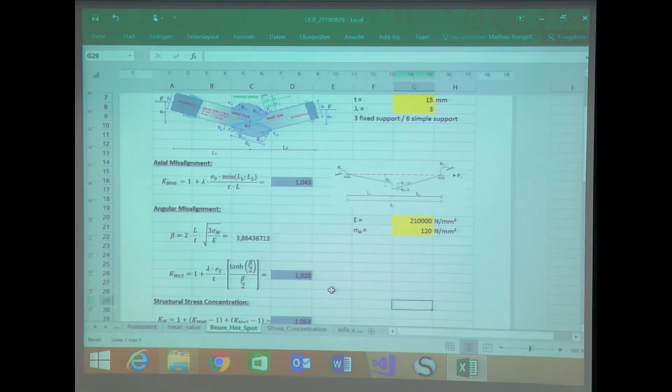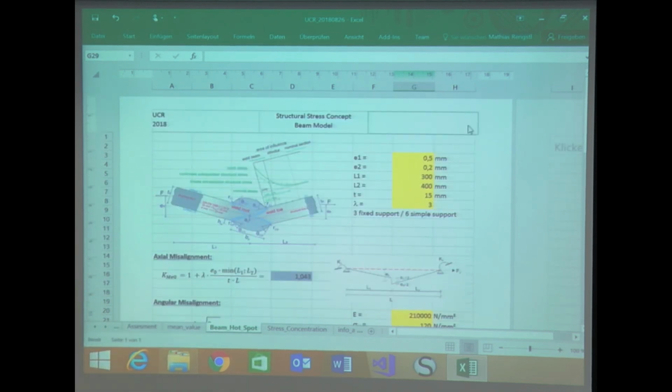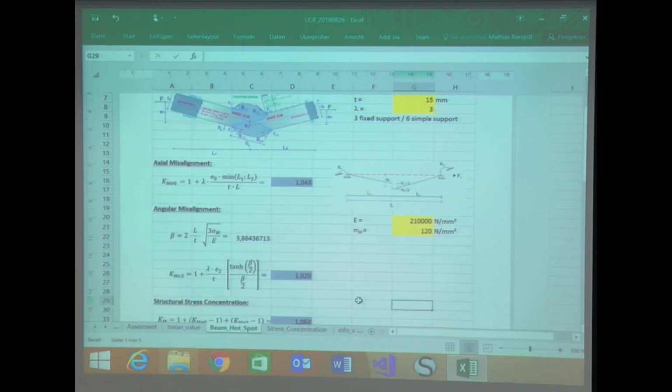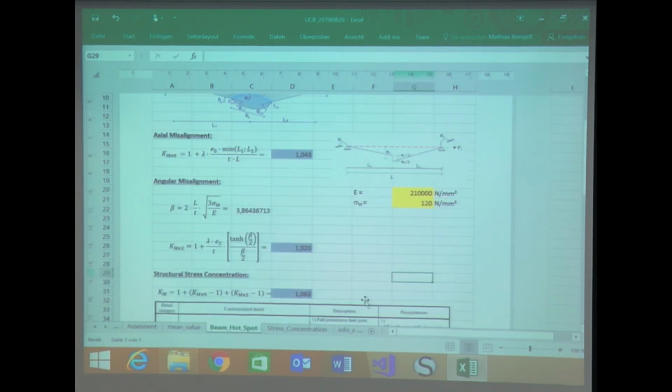So this effect mainly acts for small specimens, for small distances in the structure itself. Here for the E2 of 1.2, we have an increase of 1.02. So these are due to the two different effects, the structural stress concentration factors, and these are at the end just summed up.